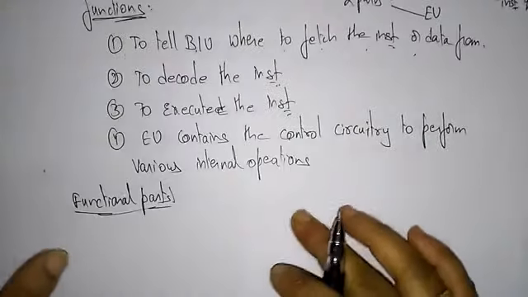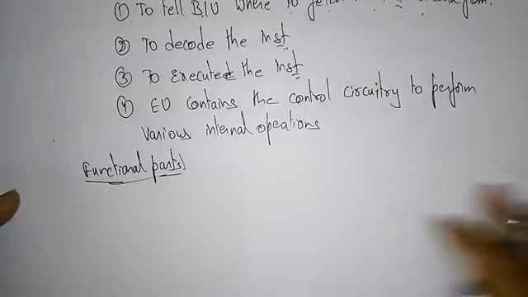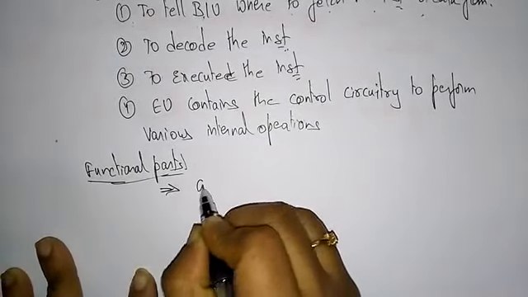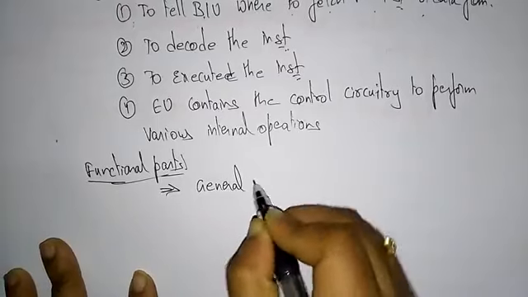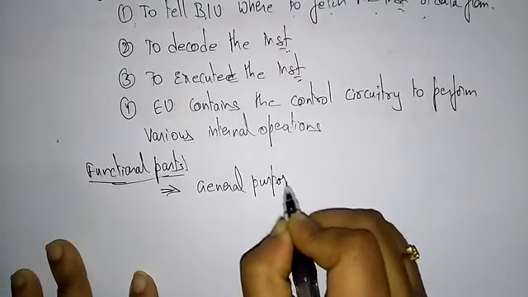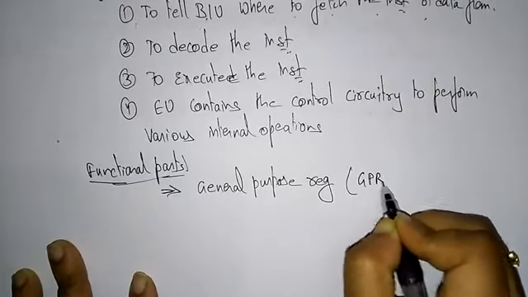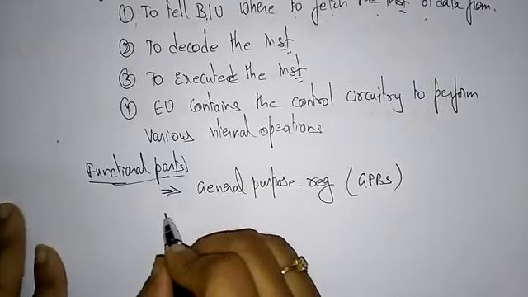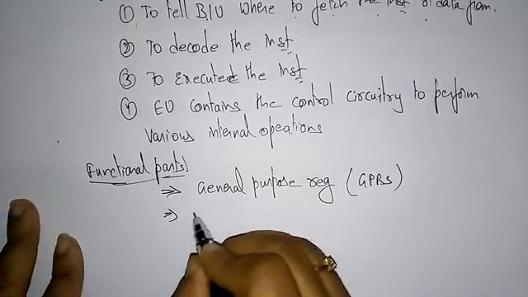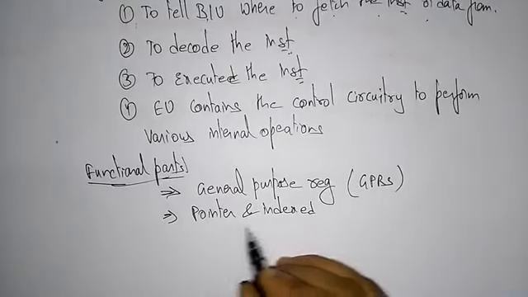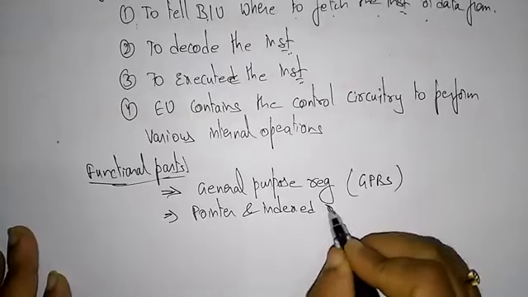Now let us see the functional parts in the execution unit. First is general purpose registers, which you call GPRs. It also has the pointer and index registers. Whereas in the bus interface unit you have the segment registers, in the execution unit you have pointer and index registers.